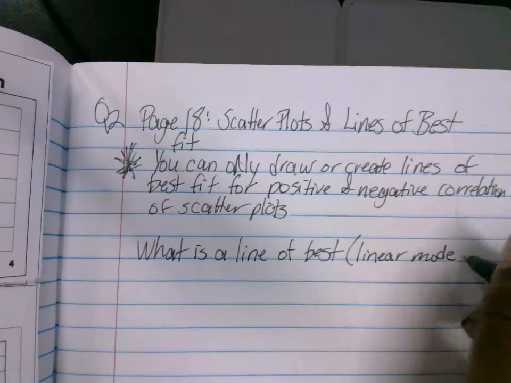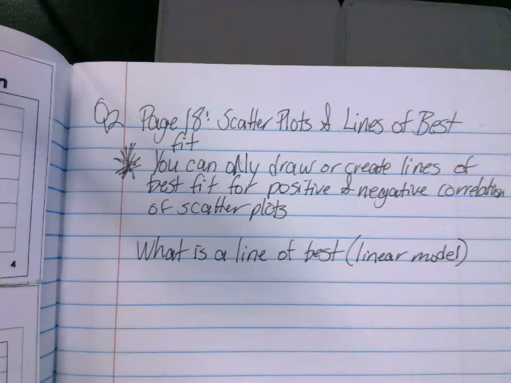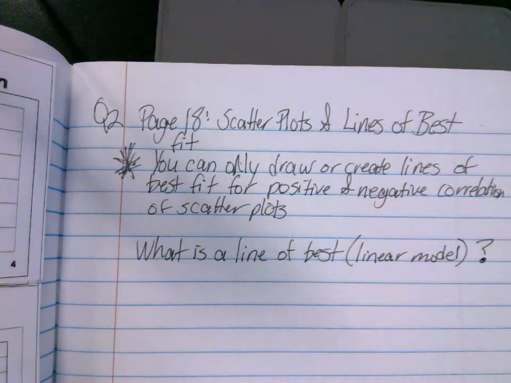That's another word for line of best fit. And sometimes they'll just change around and say best fit line. But we're on linear functions right now. We'll get to other functions later.